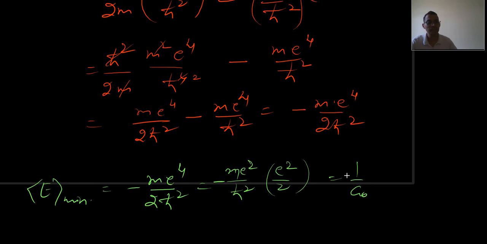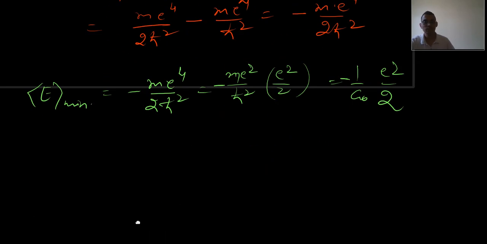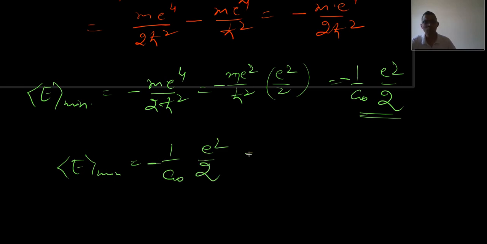So I can write it as minus (1/a₀) e²/2. This is the value of the minimum of energy.